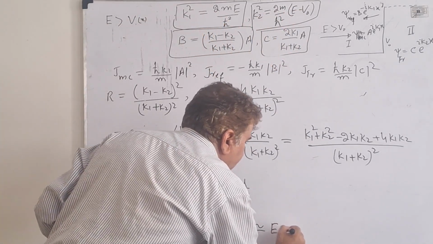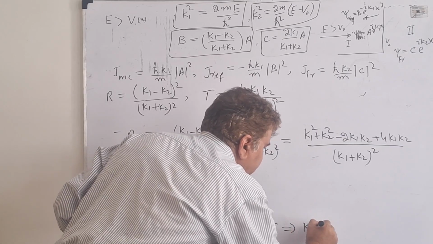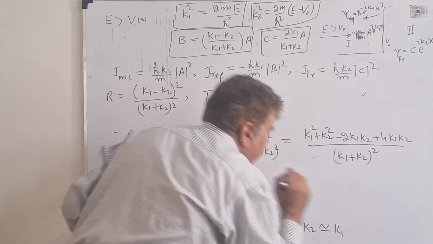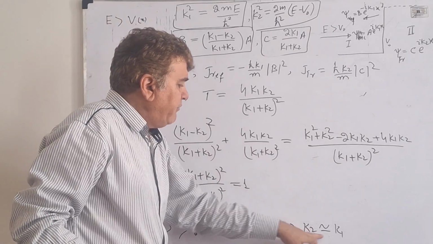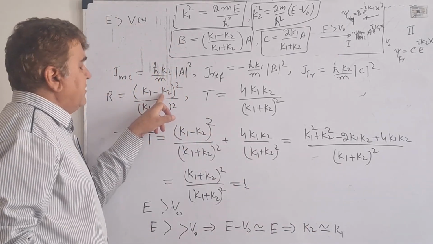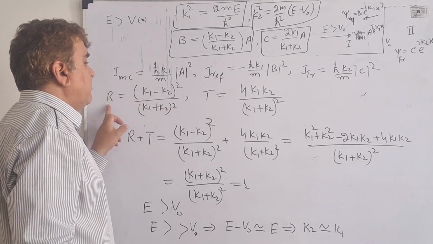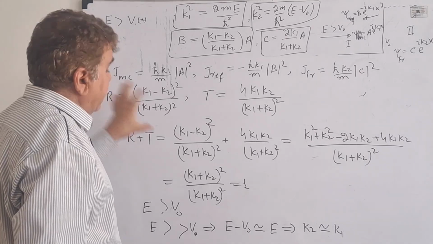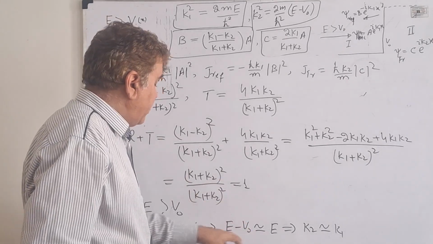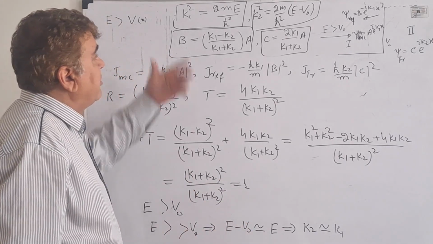That is, k2 is approximately equal to k1. And when this is the case, k1 minus k2 would go to 0 and there will be no reflection.